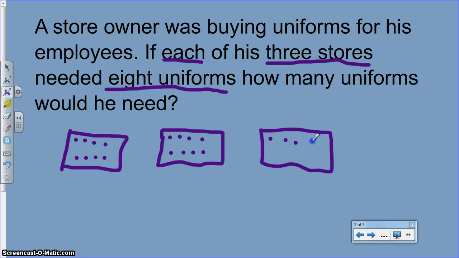So it doesn't necessarily say the words equal groups, but you can see how these stores are representing equal groups. Each store has 8 uniforms that they need. So my multiplication sentence would look like this. I have 3 stores, so it would be 3 stores multiplied by 8 uniforms at each store.